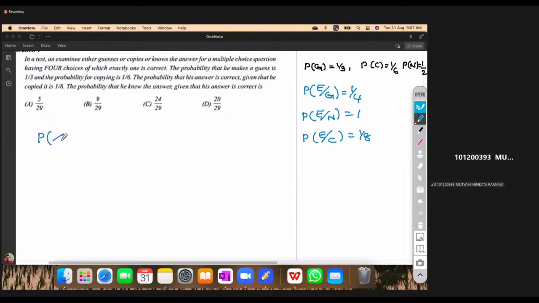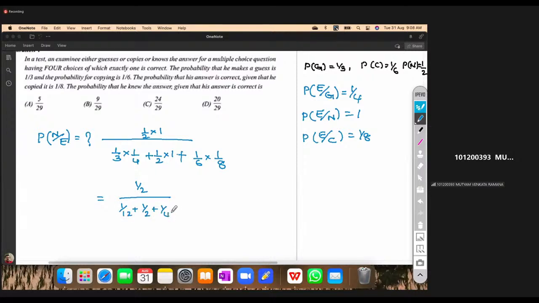So he got the correct answer when he knows the answer. The probability of a correct answer is: he can go to guesswork and get the correct answer, or he knows the answer and gets it correct, or he copied the answer and got it correct. So the probability is 1/2 into 1 divided by 1/12 plus 1/2 plus 1/48.